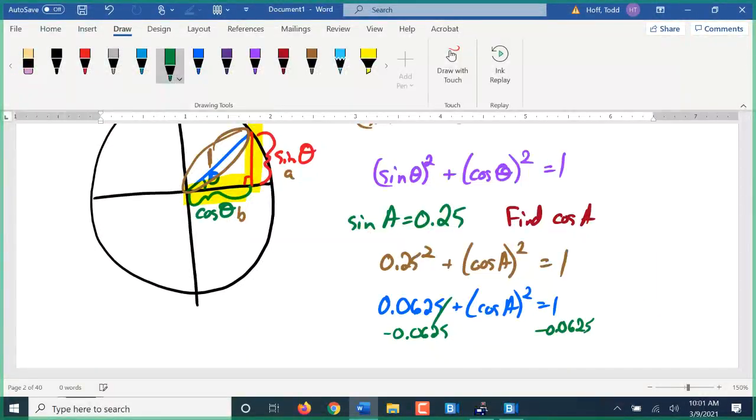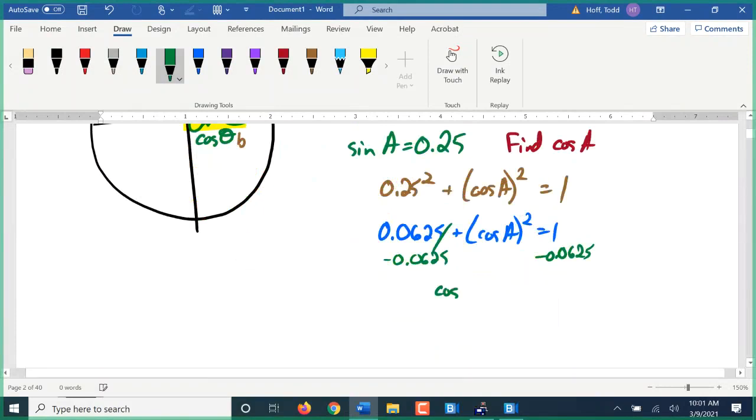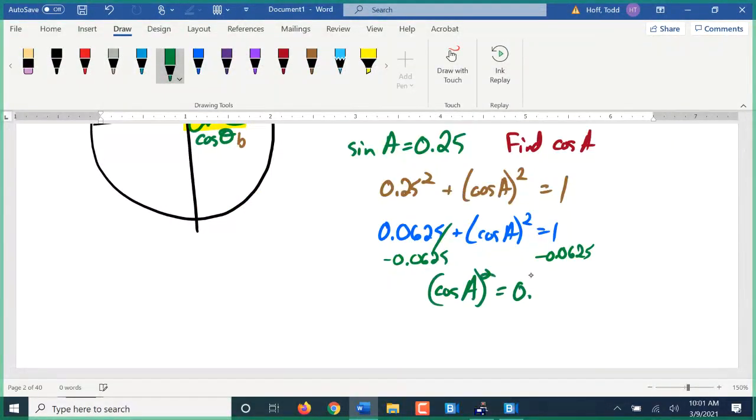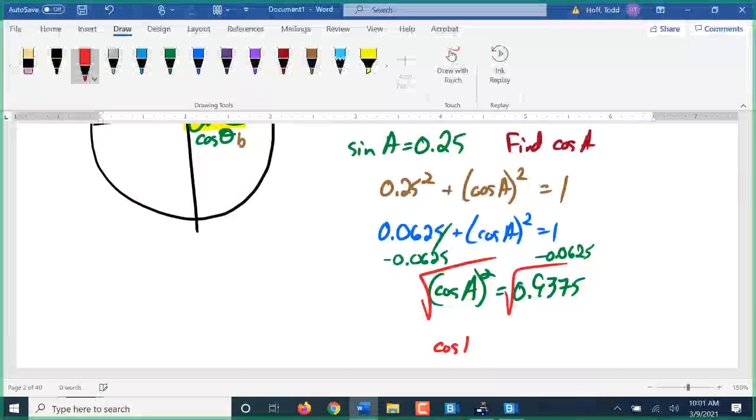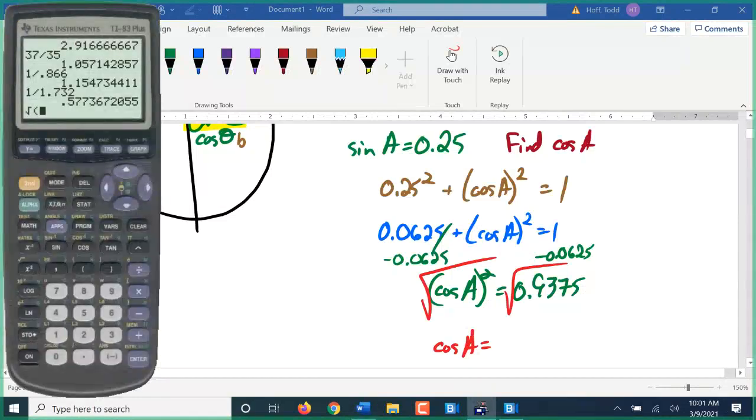To get the cosine of A squared is 0.9375. To find the cosine of A now, I have to square root both sides. The cosine of A is equal to the square root of 0.9375.